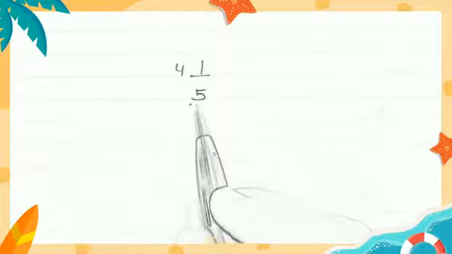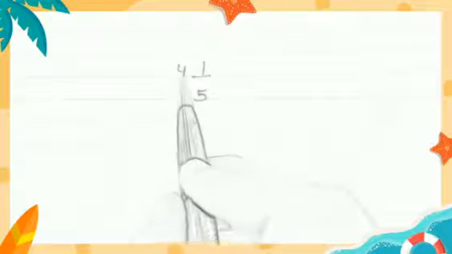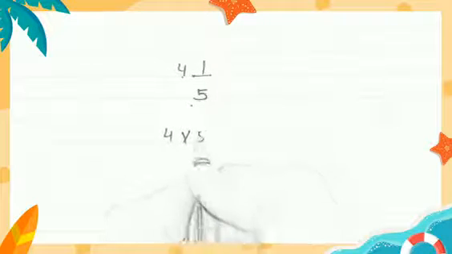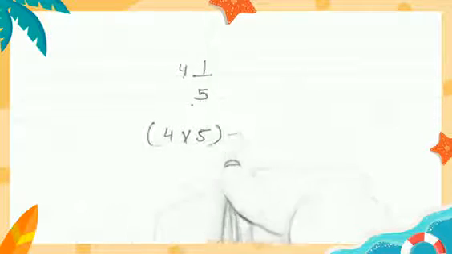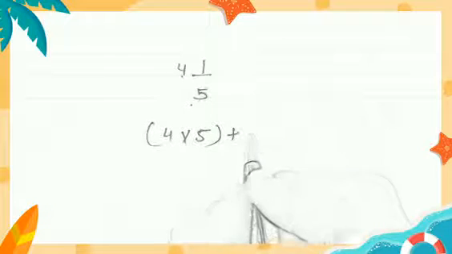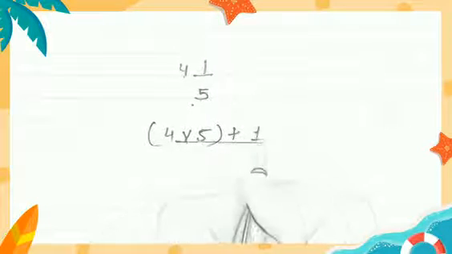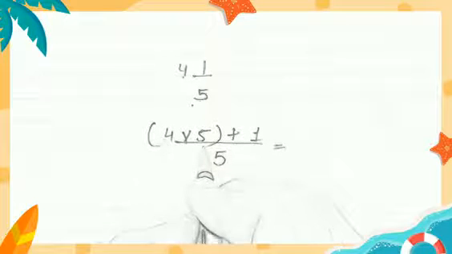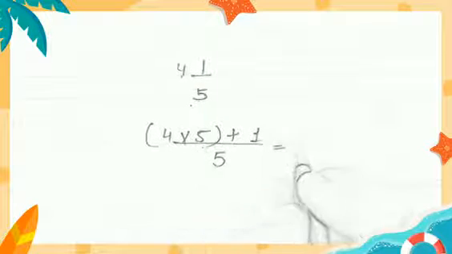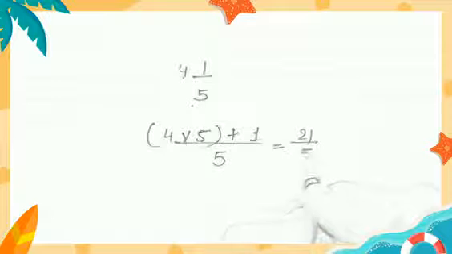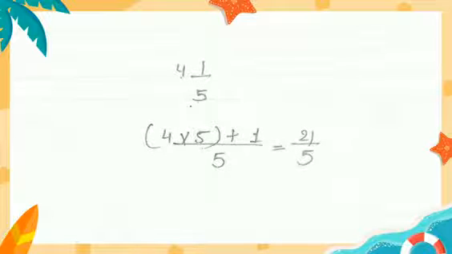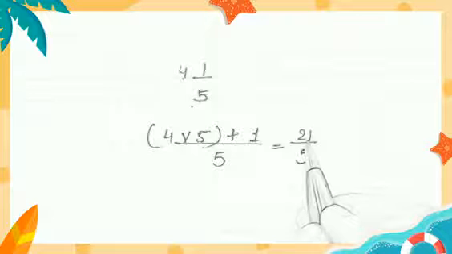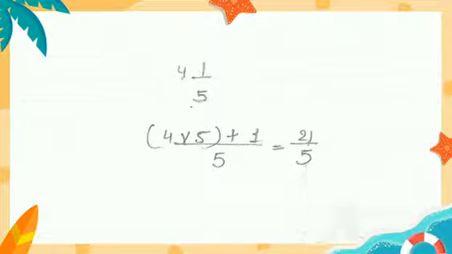Multiply the integer by its denominator. 4 multiplied by 5 and add its numerator 1, and write the denominator 5. So 4 5s are 20 plus 1 is 21. 21 upon 5 is an improper fraction because its numerator is bigger and denominator is smaller.